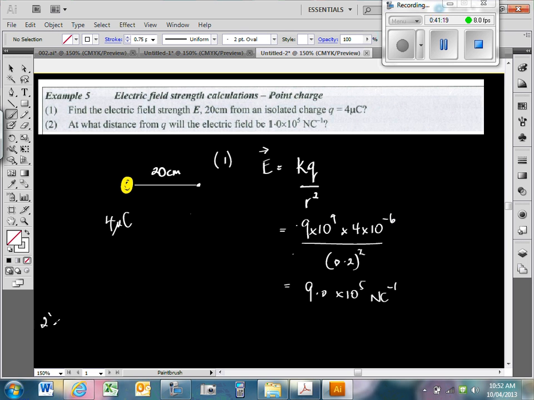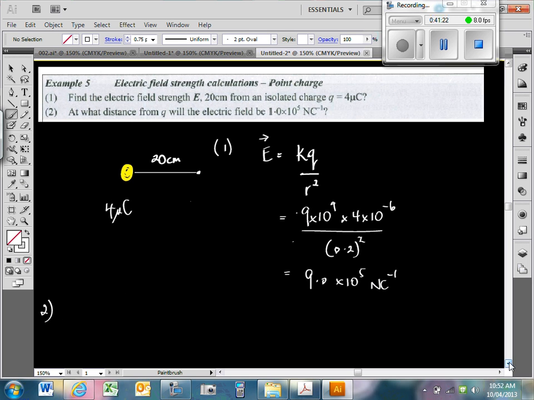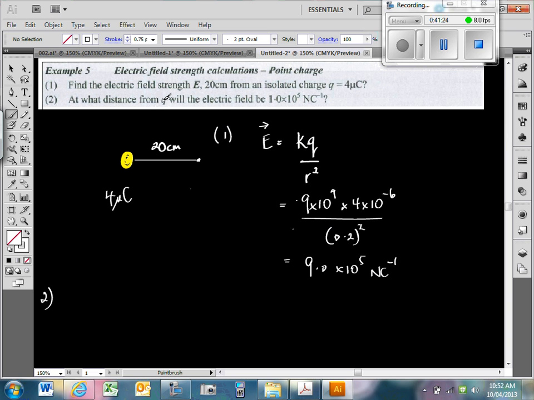Part 2: at what distance from Q will the electric field be 1 by 10 to the 5?